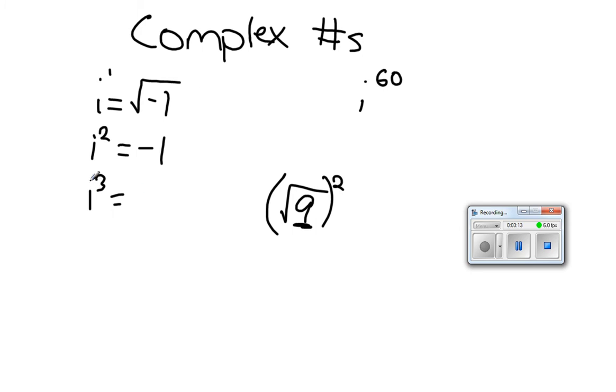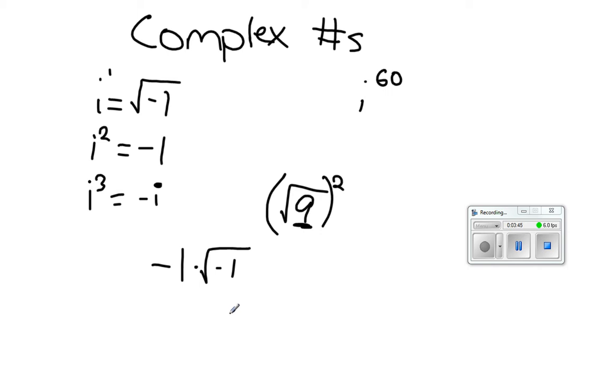Long story short, i to the third power is just -i. How did you get that? Because it's -1, which is i squared, times i, which is the square root of -1.